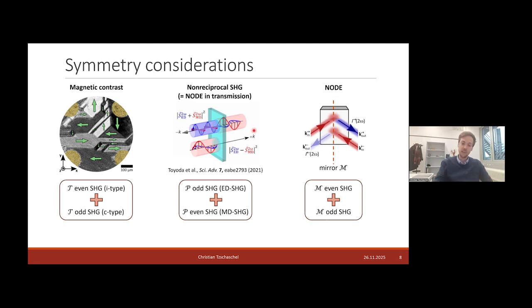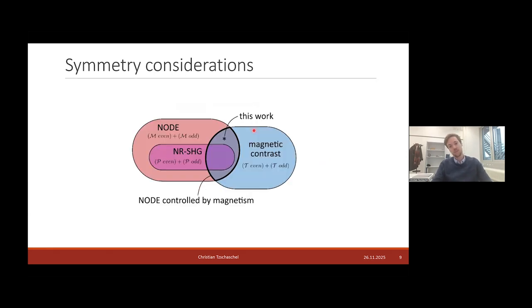If you want to systematically show this, maybe in the form of a Venn diagram, one could plot something like this, where we have a pocket representing all materials where a non-reciprocal SHG response can be expected, so where interference between even and odd tensor components with respect to spatial inversion is feasible.